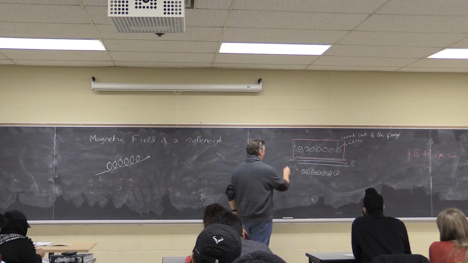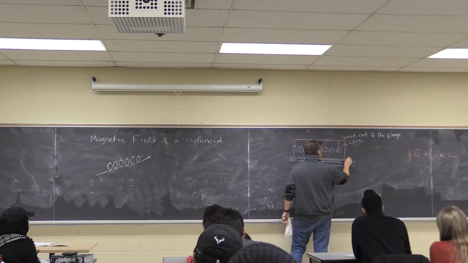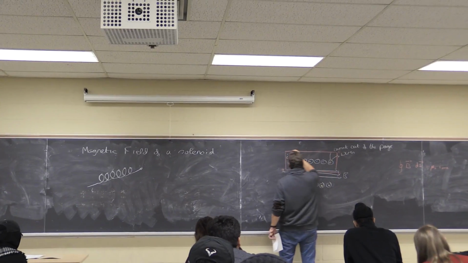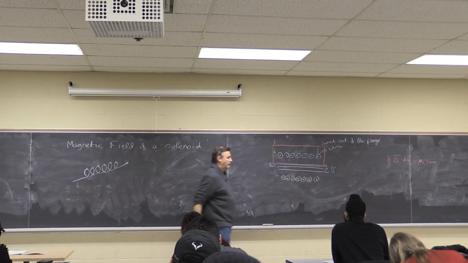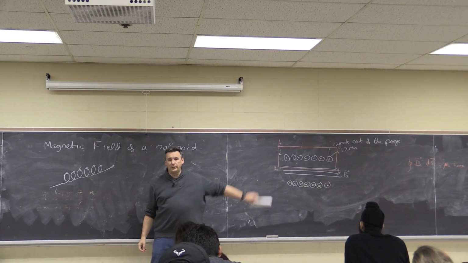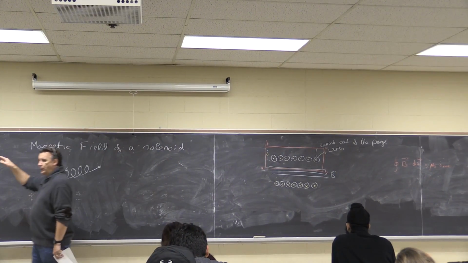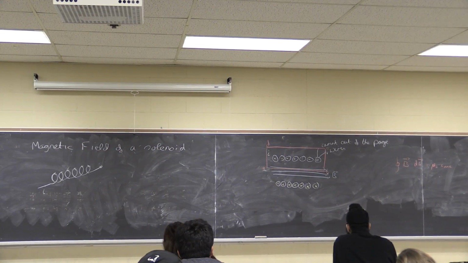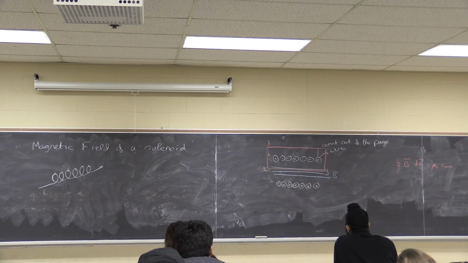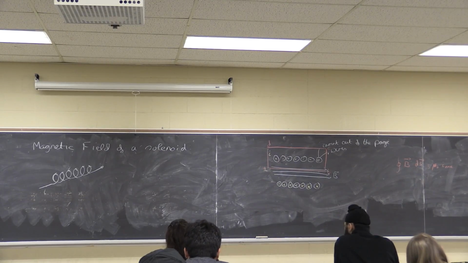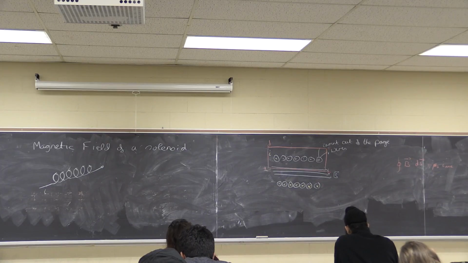And let's call the corners A, B, C, and D. So Ampere's law, written in red, tells me that if I walk around this red loop and do B dot ds on each bit of that loop, the product of that equals mu naught times the current enclosed by that loop.